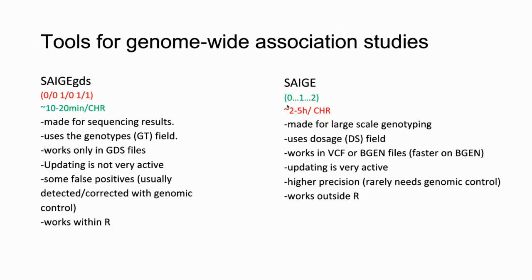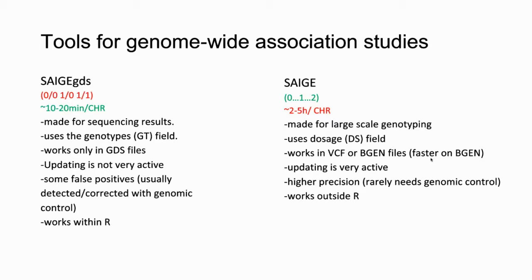Then we have SAIGE, which is an improvement in some ways, because it can actually use the dosage information, so it is a little more precise when calculating associations. But it has the downside that it takes 2 to 5 hours per chromosome. It works with BCF or BGEN files.